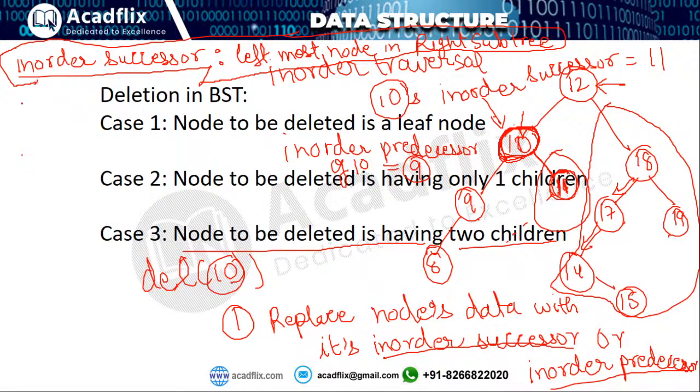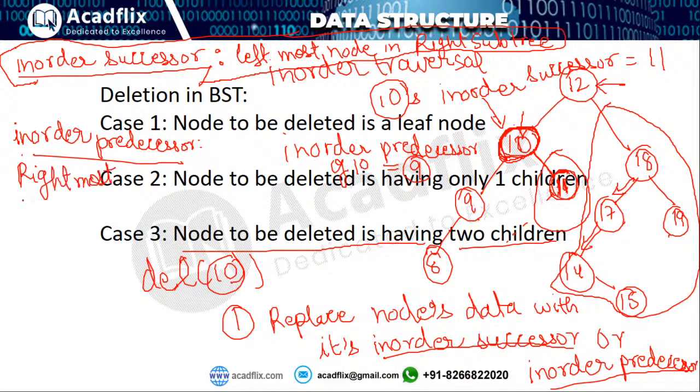Fine. And then the question comes: what is the in order predecessor? The in order predecessor is the rightmost child in the left subtree.